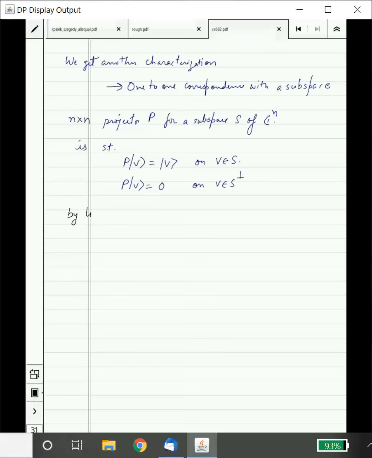Using linearity, this describes the complete action of P.